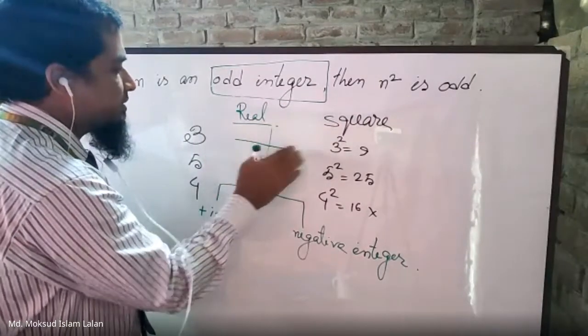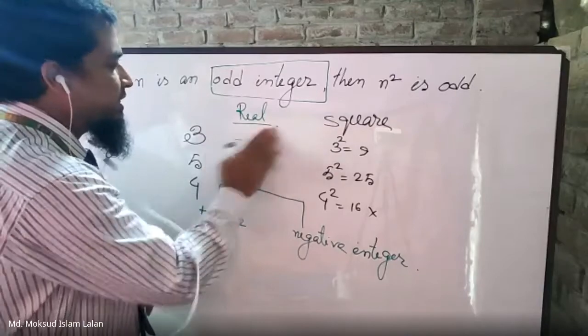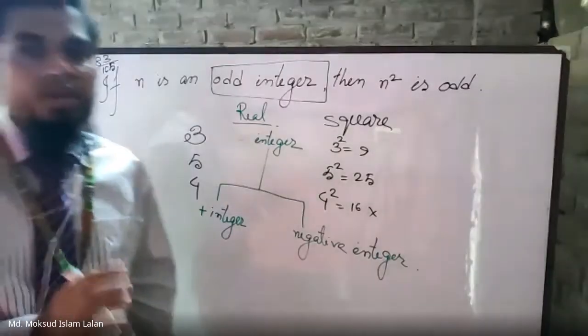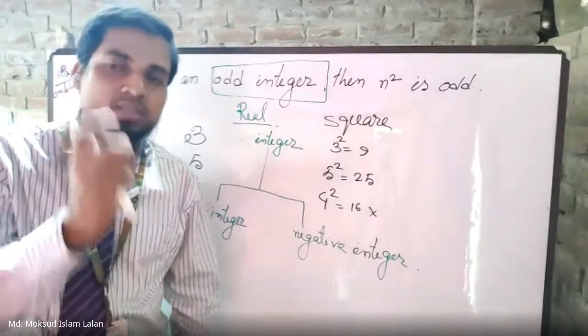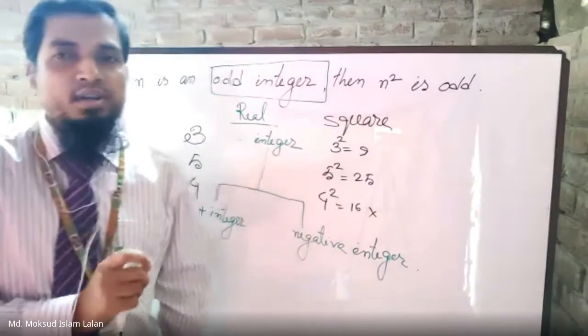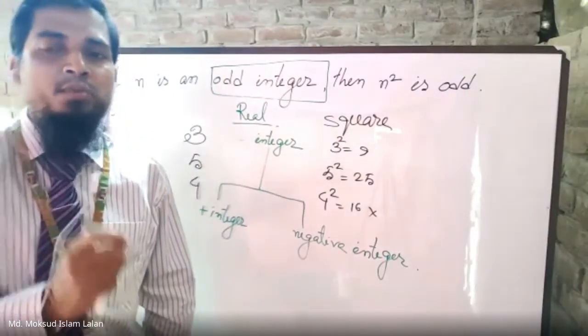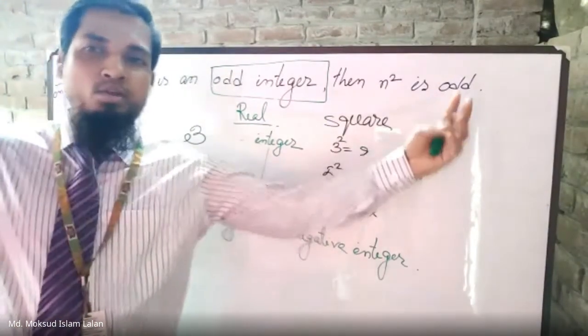Do you understand? Yes, sir. We are not dealing with real numbers. Integer is a part of real numbers. Real is a global thing. Yes, Sahin. Sir, every integer number is a real number, sir. Yes, negative, positive.